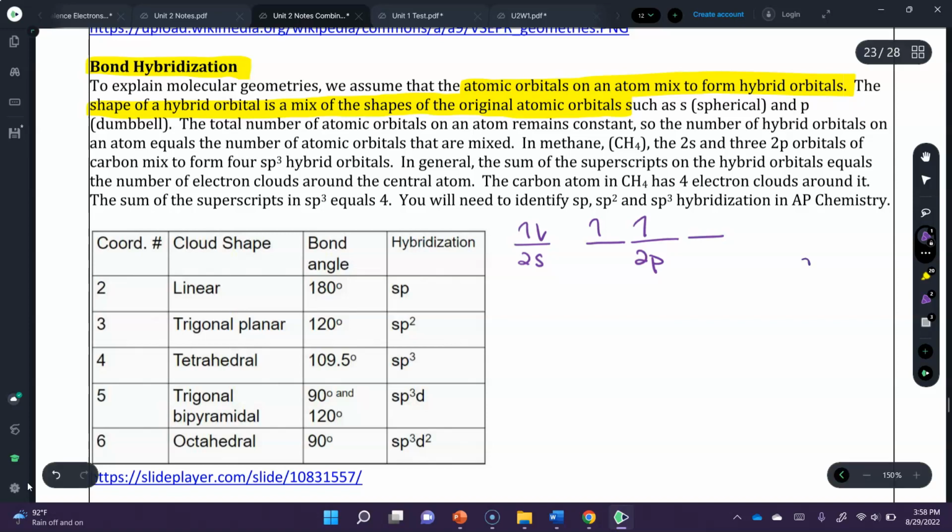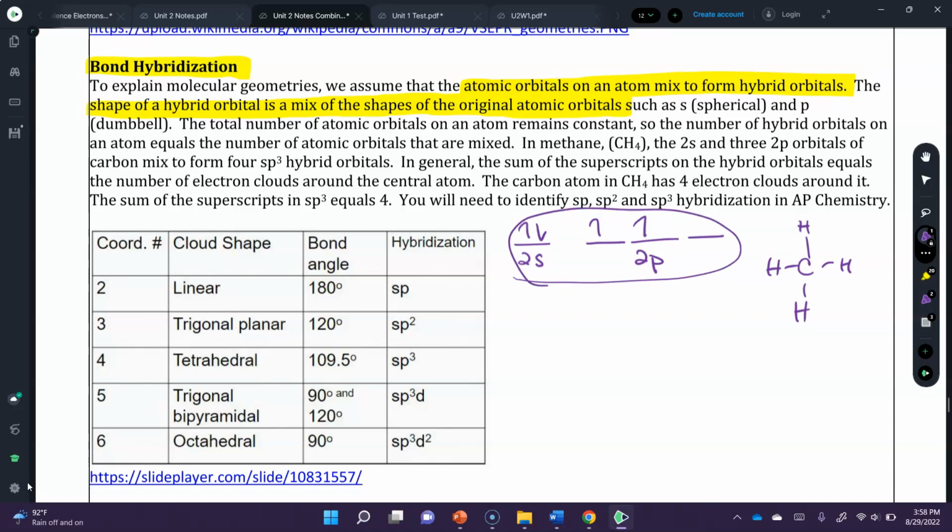When methane forms, it has 4 bonds. So that means that carbon, because it's bonding 4 times, has to use 4 atomic orbitals to bond. So all 4 of those orbitals, the 1 2s and the 3 2p orbitals, are going to hybridize and form the sp3, and there's 4 of them, bonding orbitals or hybrid orbitals.